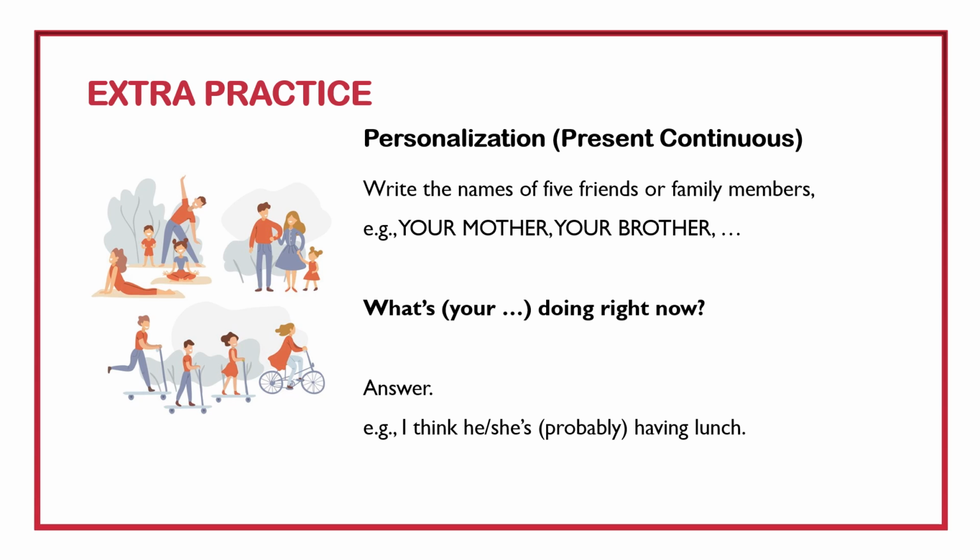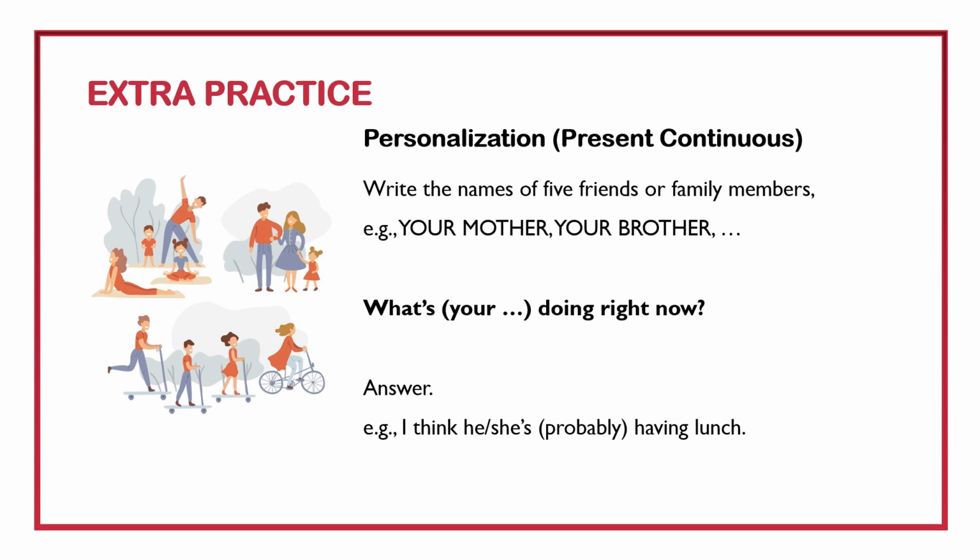Write the names of 5 friends or family members. For example, your mother, your brother, your sister, etc. And then I want you to think about this question for each of these people. What's your mother doing right now? What's your sister doing right now?